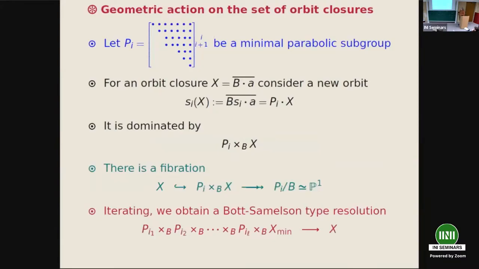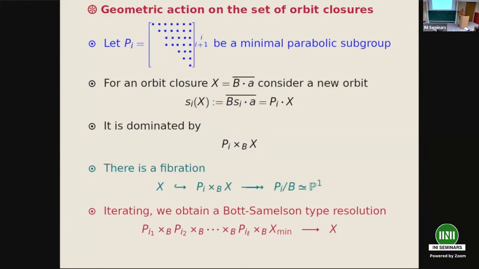And what is the geometry behind this permutation action? So these are standard minimal parabolic groups. To the Borel group, you just add one reflection. So you have this upper triangular matrix plus one entry. And for an orbit, suppose A is this 0, 1 matrix.